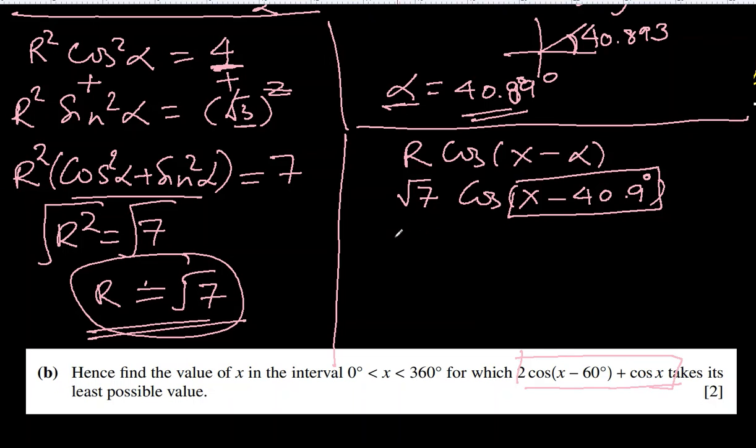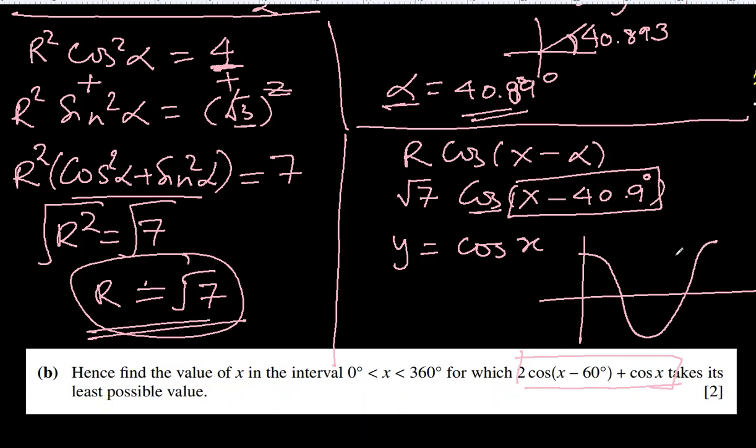All right, let's leave it for the time being. Let's focus on only a cos graph. If y equal to cos x, this is the graph, it looks like this. All right, so at what angle does it take the least value? It takes it at 180 degrees, correct?